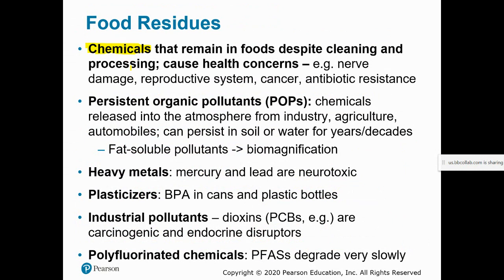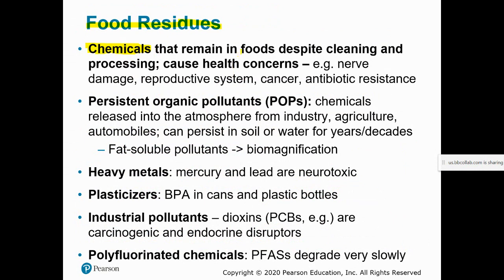So chemical residues, food residues, I guess you could also call them, are basically residues of chemicals that can come not only from recombinant DNA technology or the pesticides that are sprayed on genetically modified organisms, but that's one source of chemical residues.